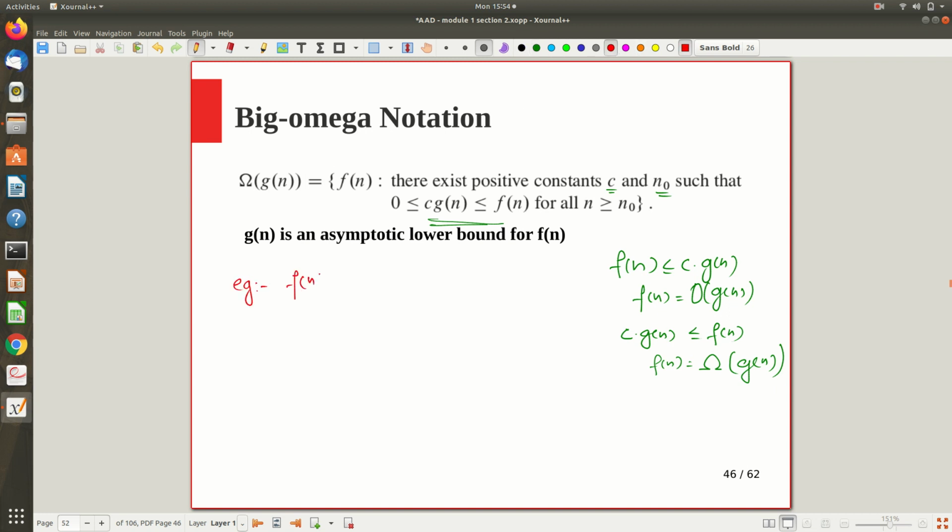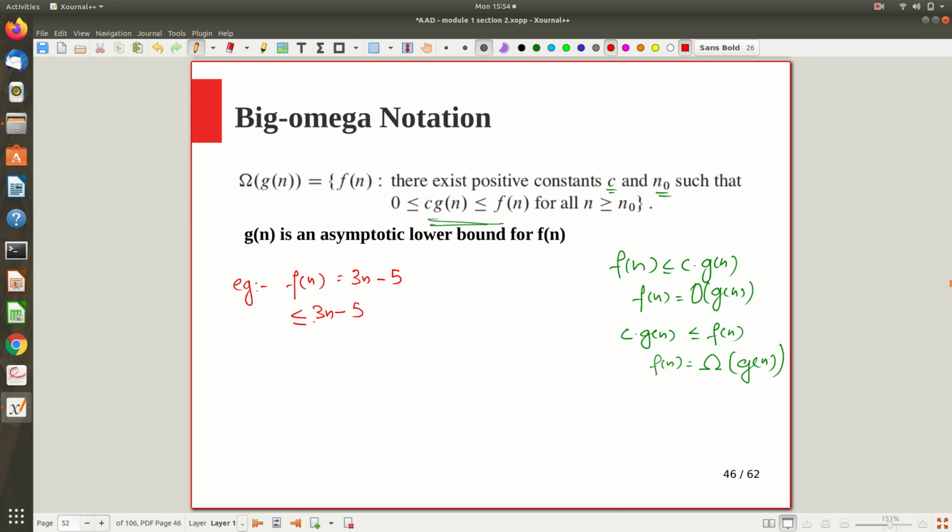Say f of n is equal to 3n minus 5. What you have to do is find some g of n here.